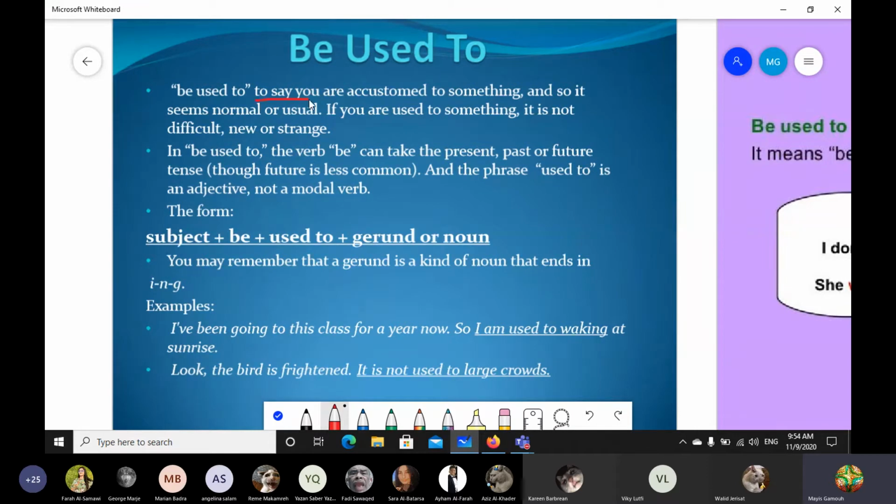it is to say that you are accustomed to. This is very important.